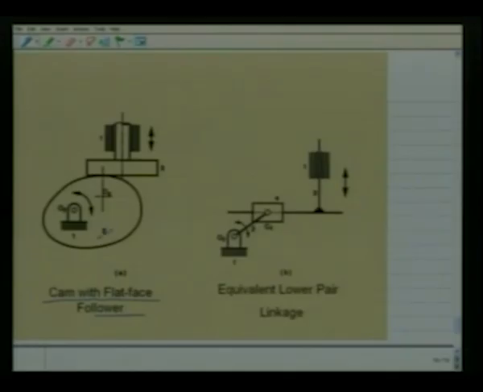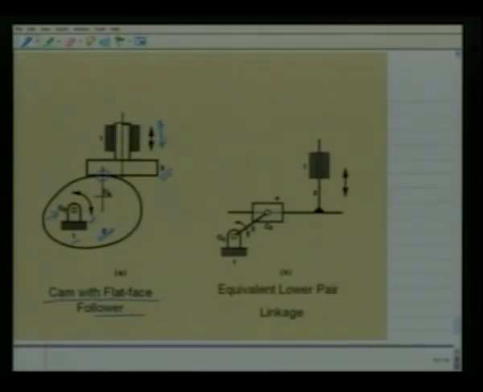The cam, that is this rigid link 2, has a revolute pair with the fixed link at O2, and this follower 3 has a prismatic pair with fixed link number 1, and there is a higher pair at this contact point. So the rotary motion of this cam 2 is converted into rectilinear motion of this follower 3.